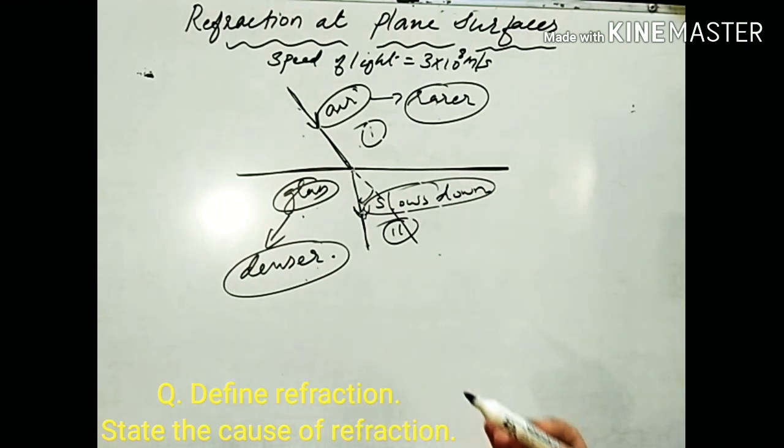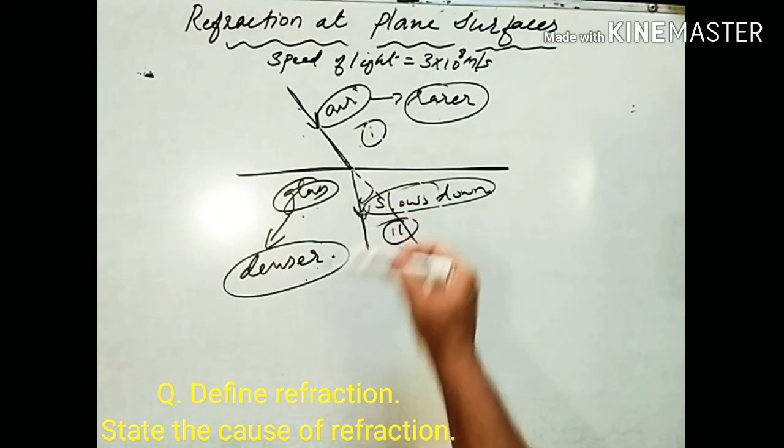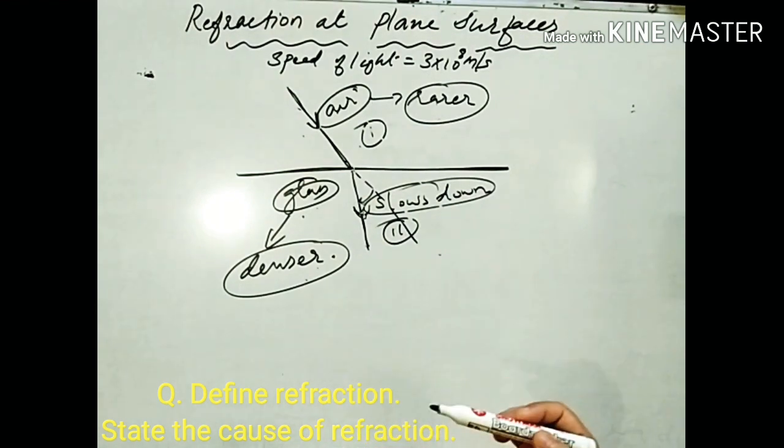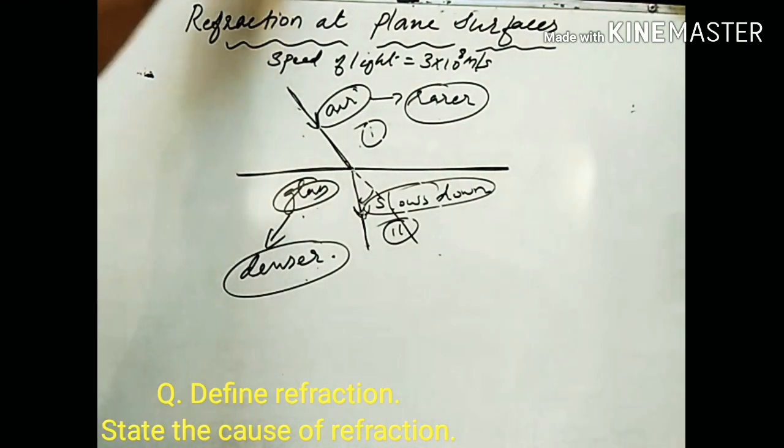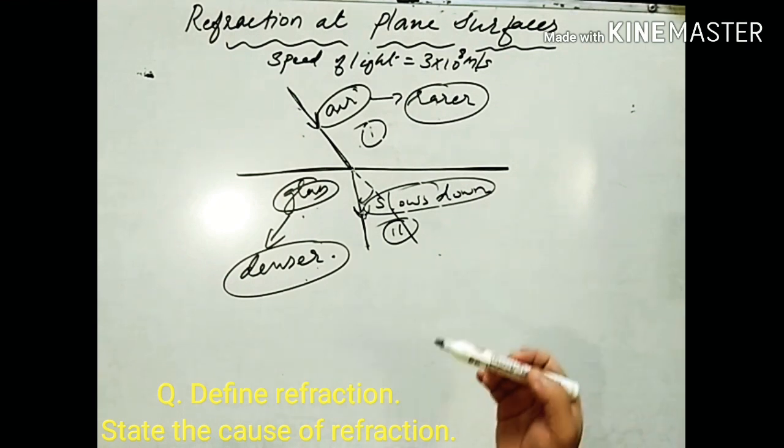The change in direction of path of light when it passes from one transparent medium to another transparent medium, we call it refraction. So what is the definition of refraction, and what is the basic cause of refraction? The basic cause of refraction is change in speed of light.